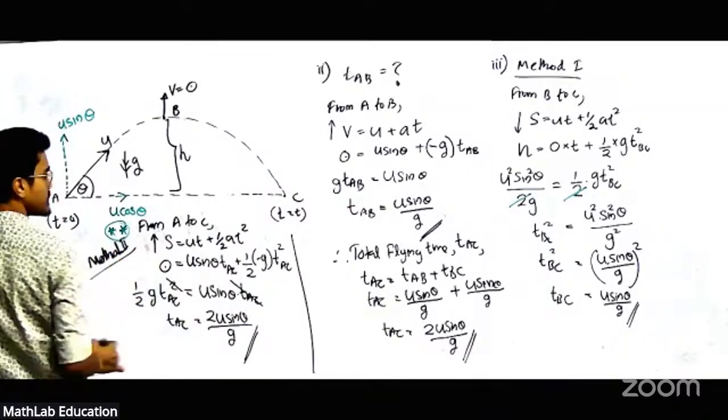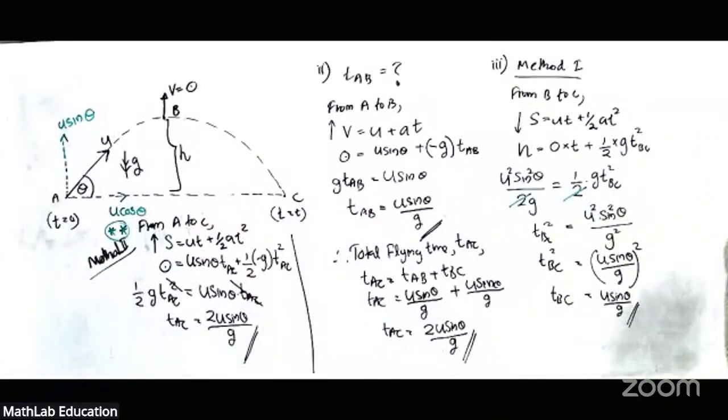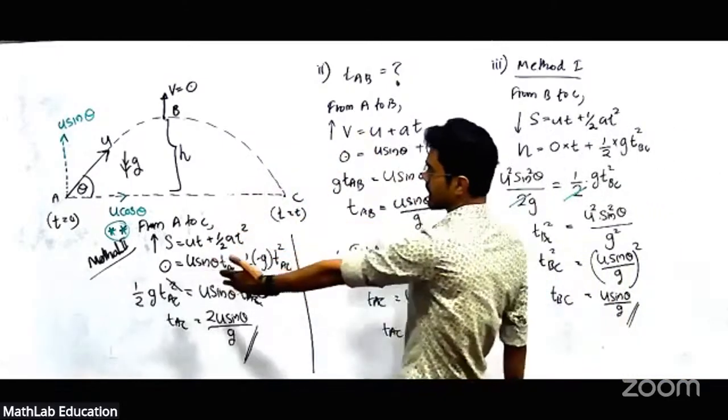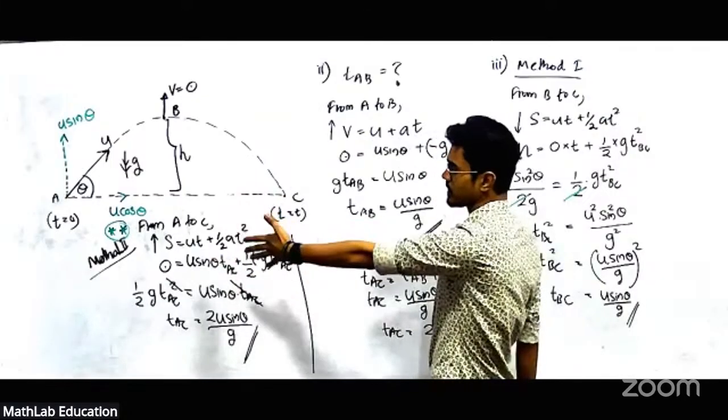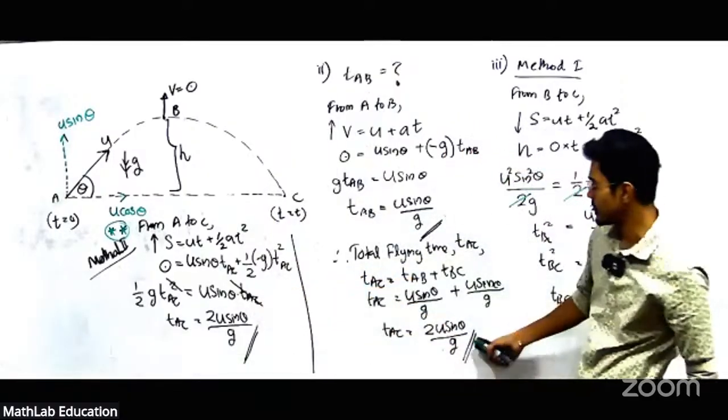Method 1 is by the addition of these 2 times. Method 2 is directly the straight line s equals ut plus half at squared upwards, and at once we will get 2u sine theta over g. Same answer.